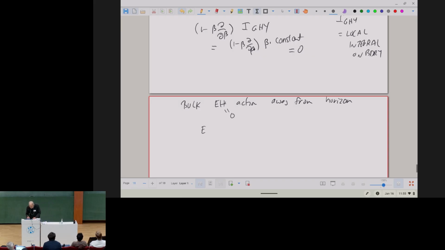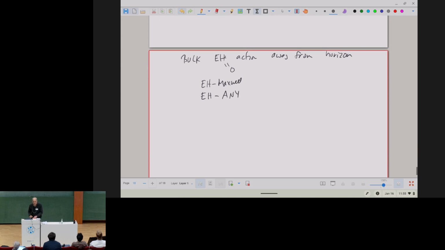But if we were doing Einstein-Hilbert-Maxwell or any generalization of this problem, or if we had negative cosmological constant, for instance, there are all kinds of things that could make the bulk action not be 0.